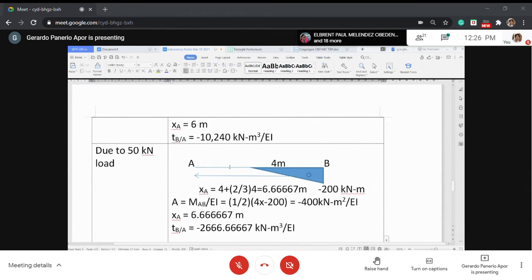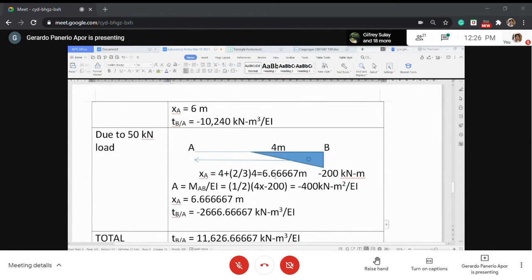Going to the middle is 4 plus 2.6667 to the centroid, which makes XA equal to 6.66667. Now the area of the M over EI diagram is very simple: this is again a triangle with 4 as the base and height negative 200, so the area is negative 400.